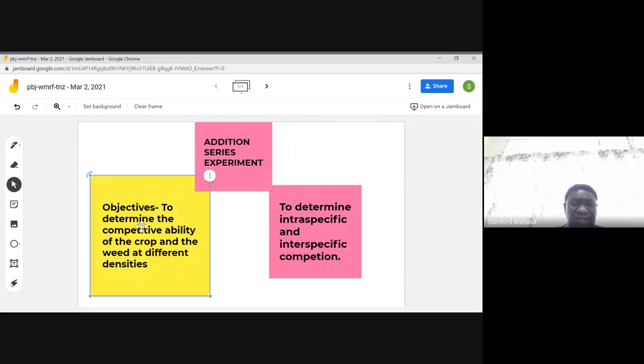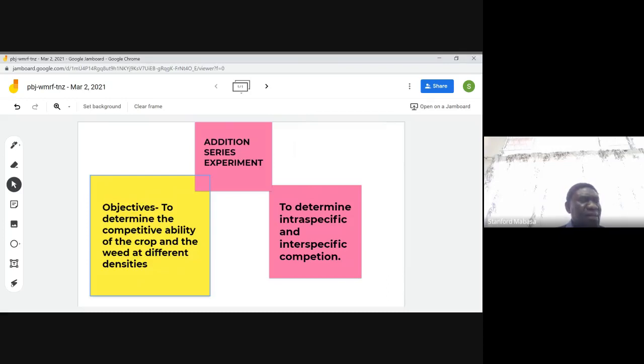Number one, to determine the competitive ability of the crop and the weed at different densities. And number two, to determine intraspecific and interspecific competition.